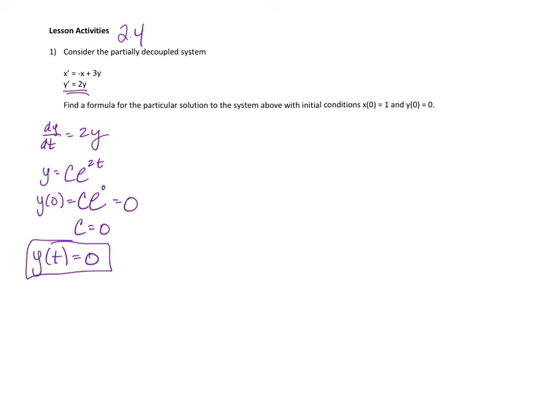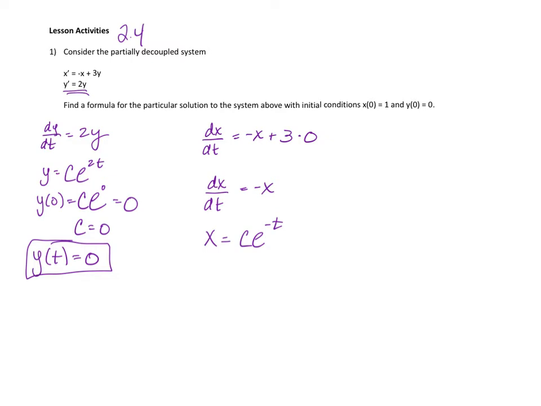Okay, then to solve the x prime equation, we have dx dt equals negative x plus 3 times y, and y is 0. So I'm really just solving dx dt equals negative x. You can solve by separation of variables, and you end up with x equals c e to the negative t.